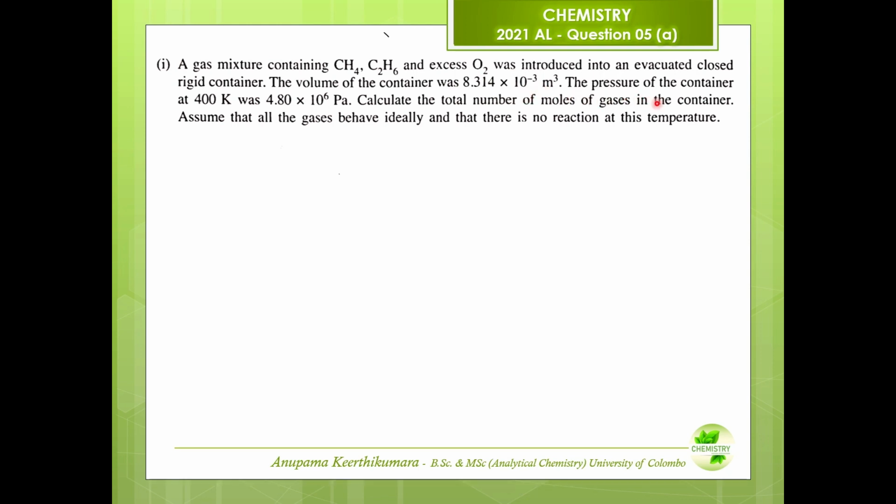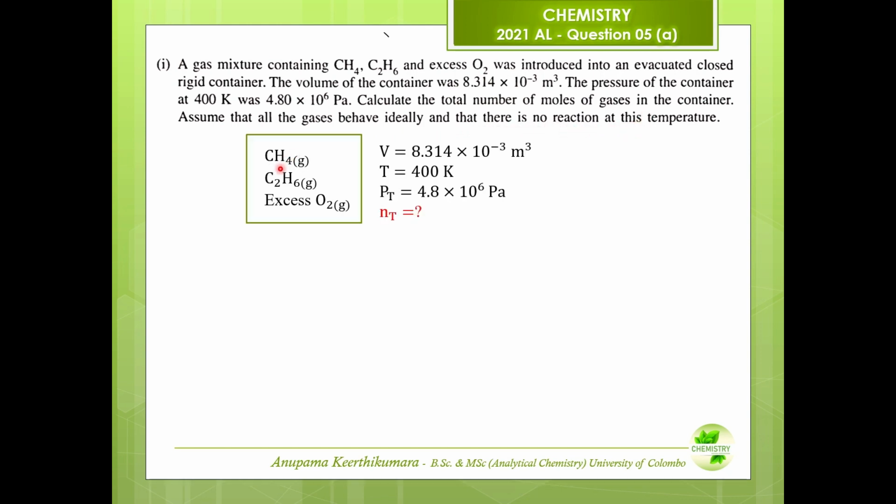The pressure of the container at 400 Kelvin was 4.8 × 10^6 Pascal. Calculate the total number of moles of gases in the container. Assume that all the gases behave ideally and that there is no reaction at this temperature.